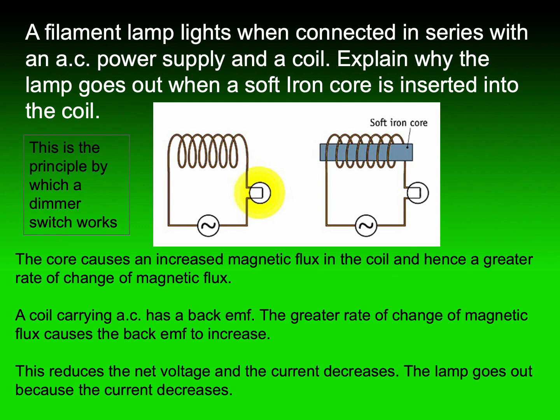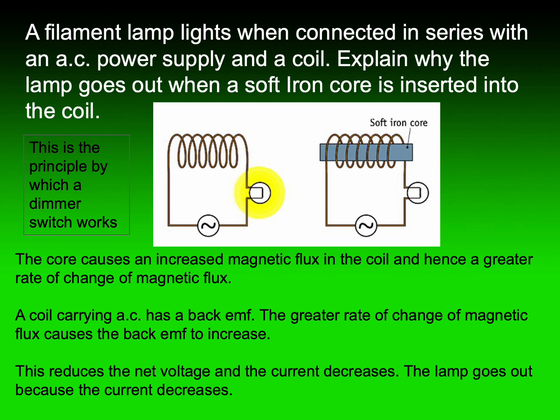And this is used every day in your homes in a dimmer switch. When you're turning the dimmer switch on your wall, what you're doing is you're moving a soft iron core in or out of a coil of wire, and you're changing this back EMF.